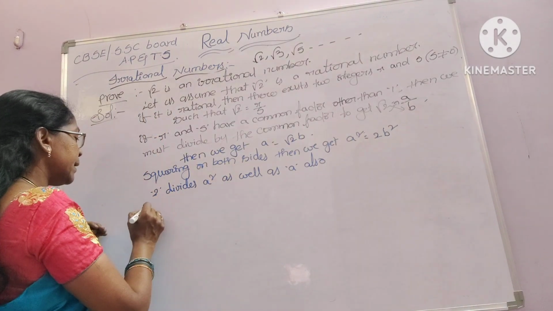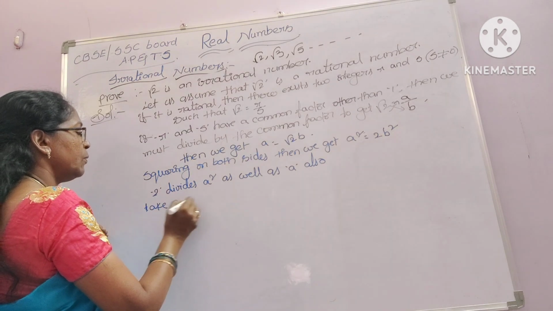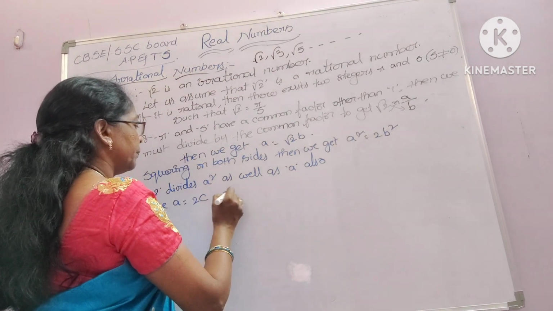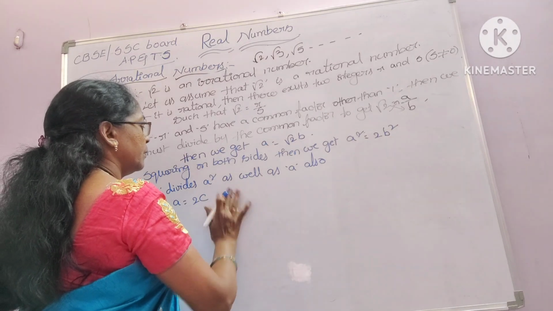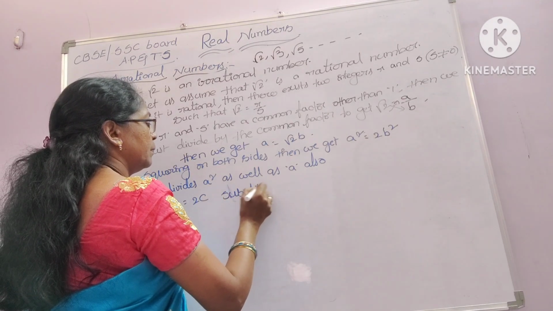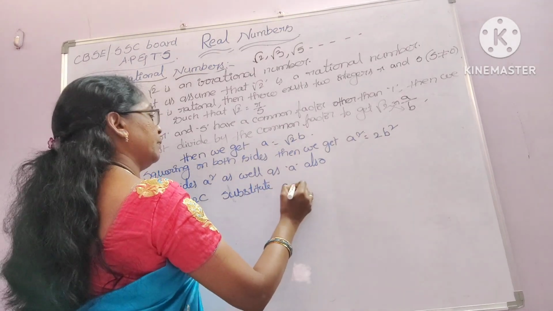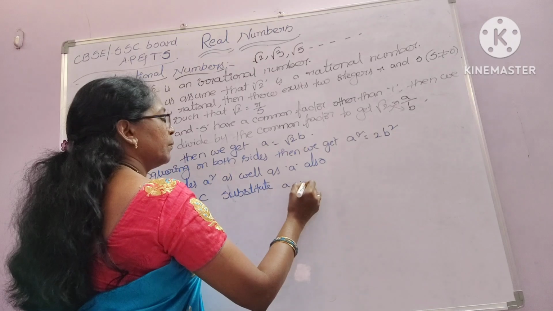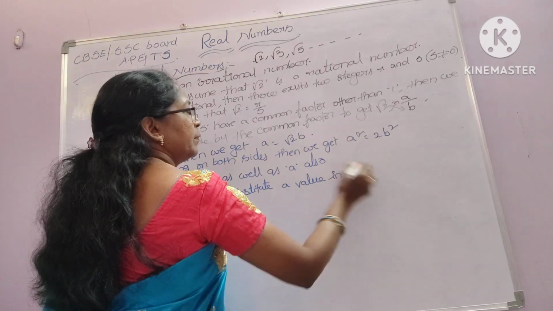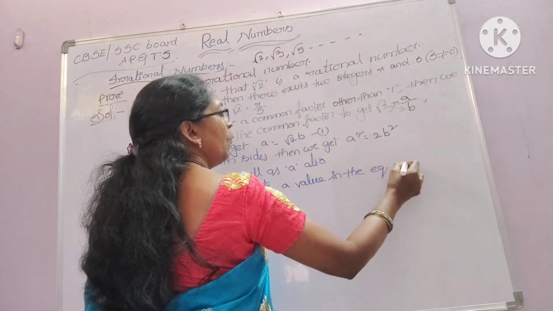Now let us take a equals 2c. Now substitute this a value in the equation. This is equation number 1.